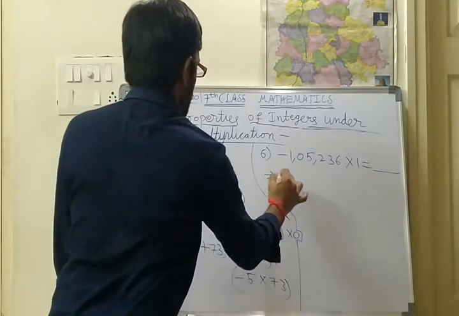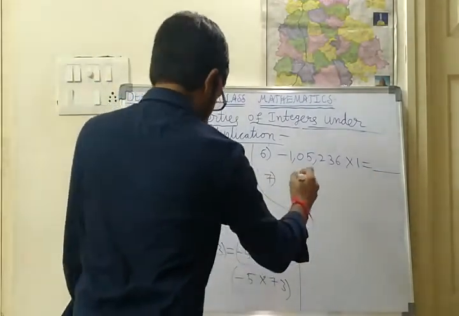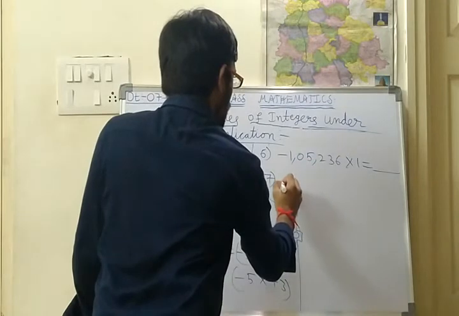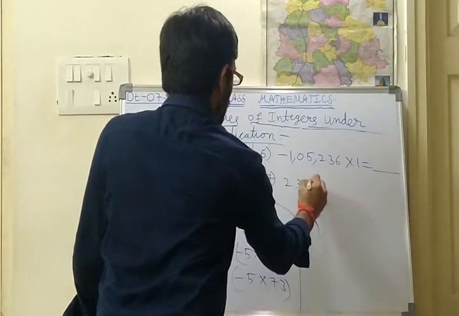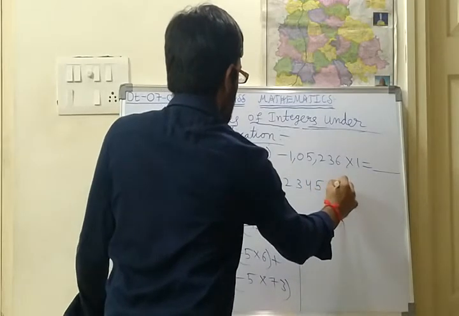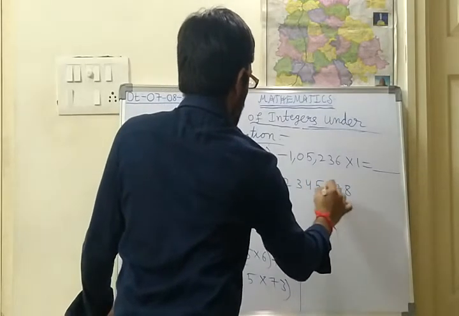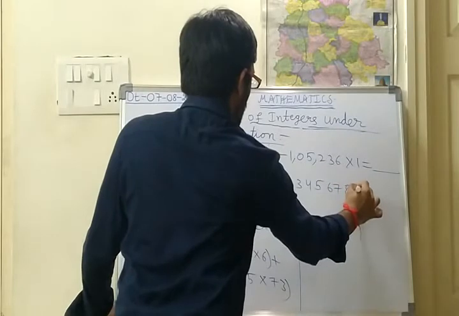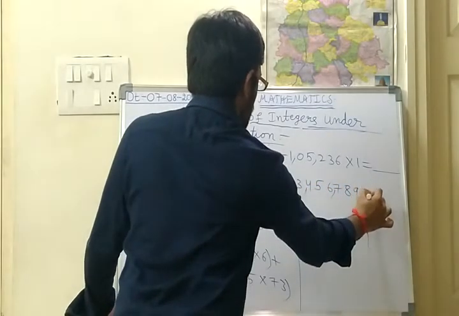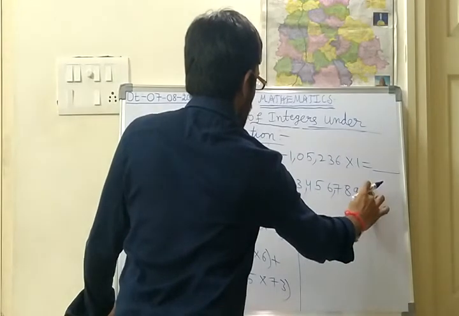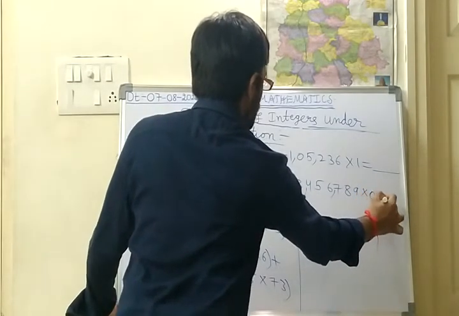Next, seventh one: 2, 3, 4, 5, 6, 7, 8, 9 into 0 is equal to dash.